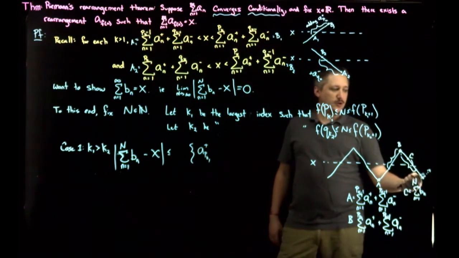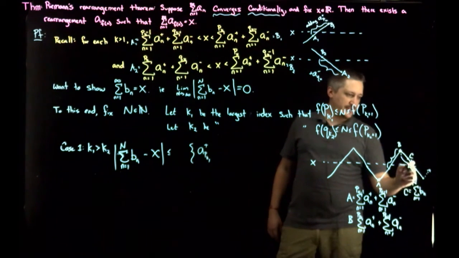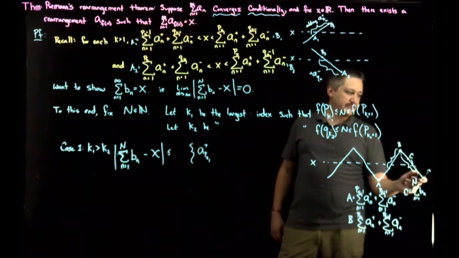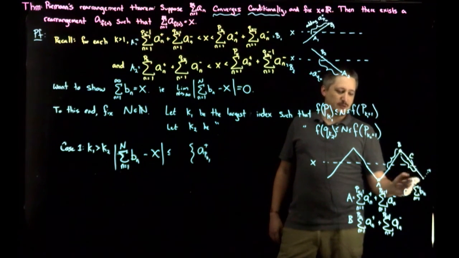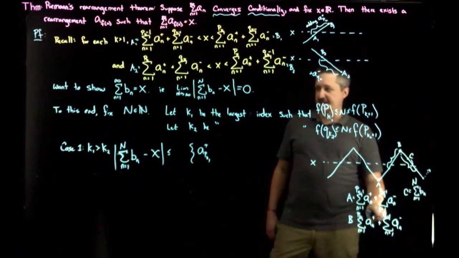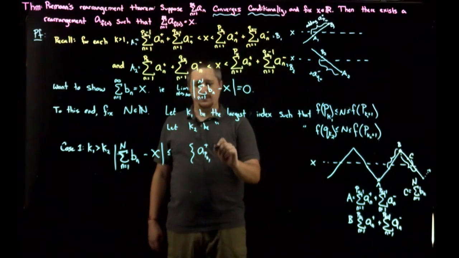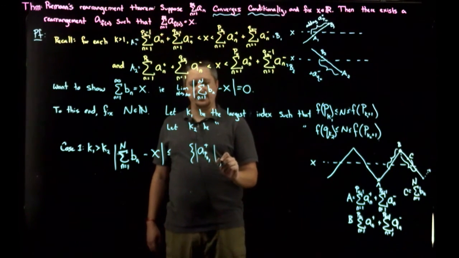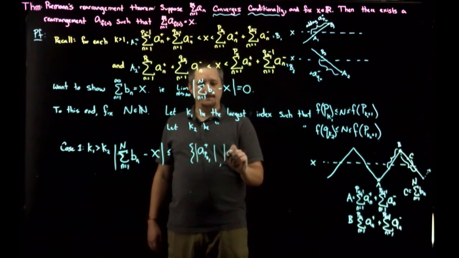Or if it's below the line, like down here instead, then it's going to be smaller than the distance from here to the bottom to x, which was the last thing I would have added in order to get to the next downward hump, which would have been p sub k2. So this is positive, but just to be clear, I'll make it absolute value.